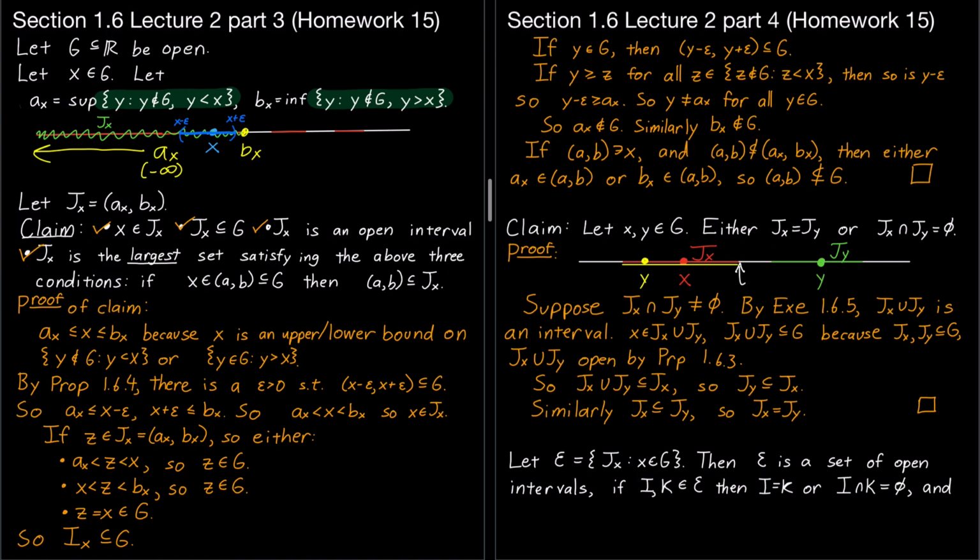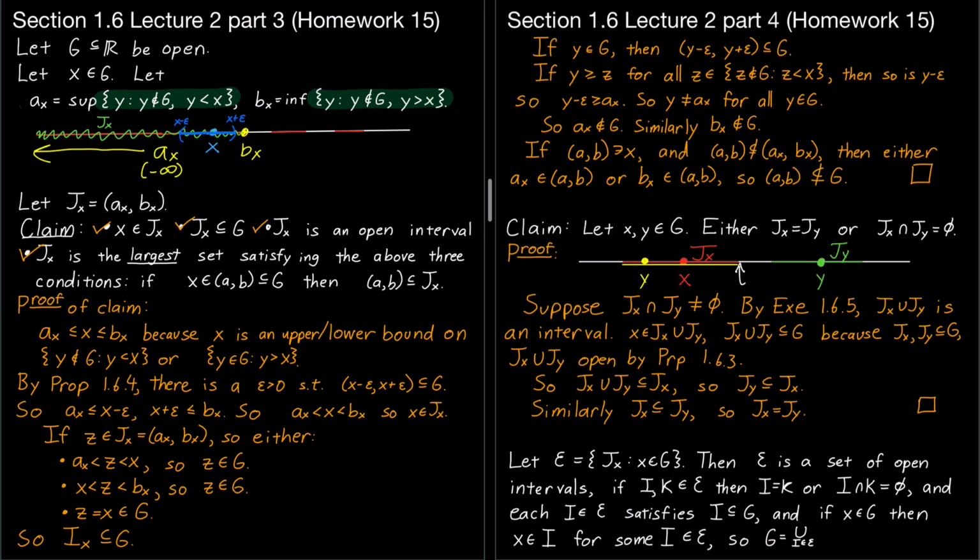And finally, we have that each I in E is a subset of G, is one of these Jx's, and if x is in G, then x is in Jx, which is in one of the intervals I. So we have that G is the union of all I in E. Each I is contained in G. Each x in G is in one of the I's.